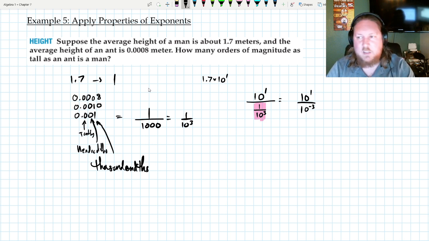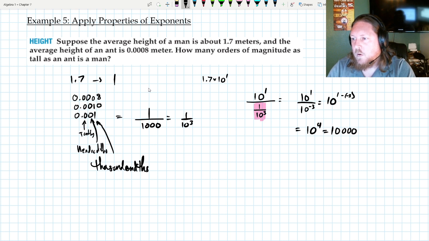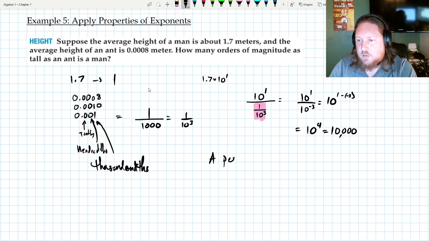Now I have matching bases. 10 to the 1 minus negative 3 is the same as 10 to the 4, or 10,000. A person is about 10,000 times taller than an ant.